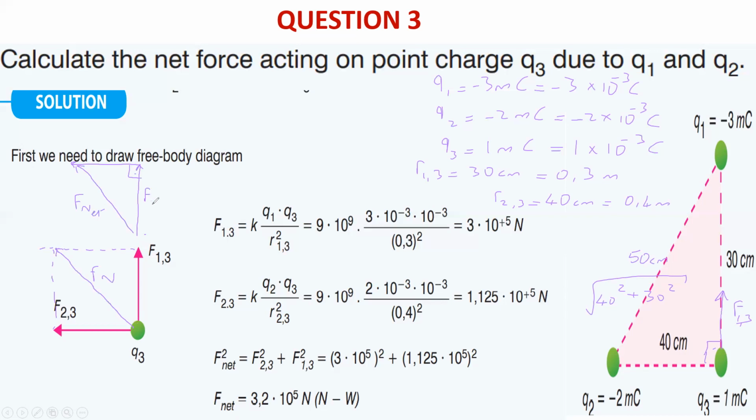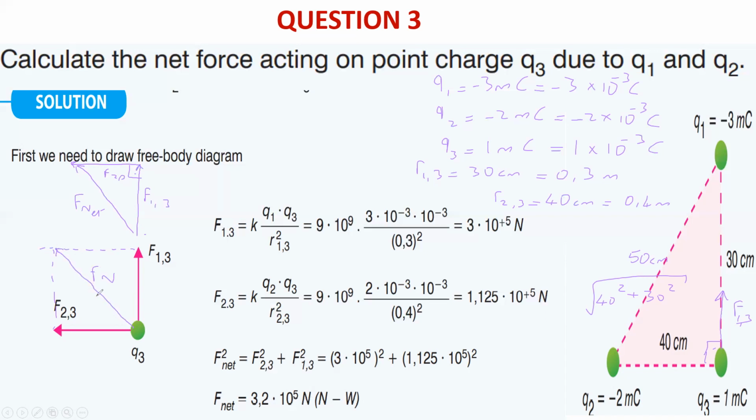All right, F13 is here, and then F23 is this side. So you must just use this formula, F23 square plus F13 square, and then you are taking the square root, and finally you are getting 2 times 10 to the power of 5 newtons northwest. Direction, as you see here, you can draw and see the direction to make sure.